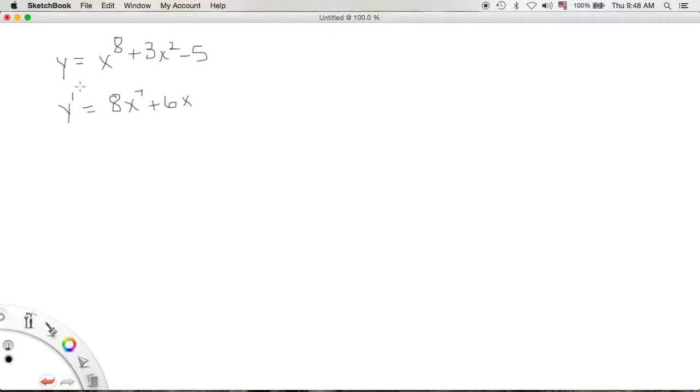Now, this gives you the slope of the tangent lines for this function, the instantaneous rate of change of the function. So for example, if this is a position function, then this gives you the velocity, because velocity is the instantaneous rate of change of the position.